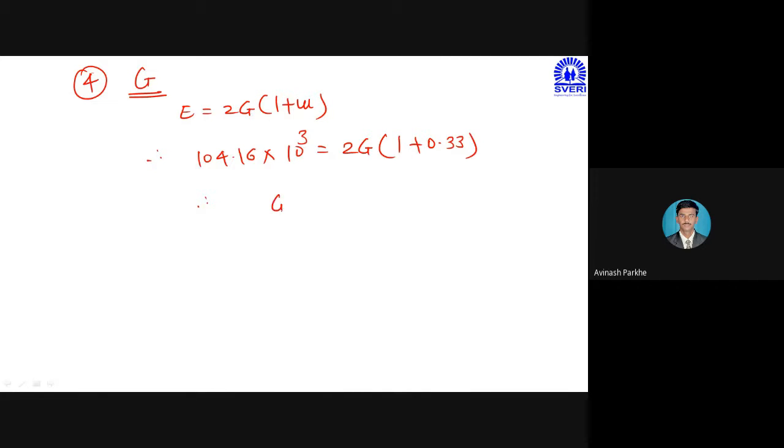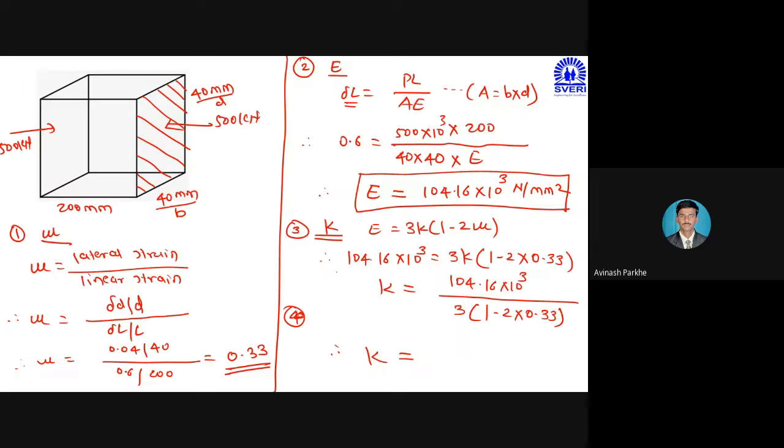Therefore, G is equal to 104.16 into 10 raised to 3 divided by 2 in bracket 1 plus 0.33. First of all, tell me the value of K.